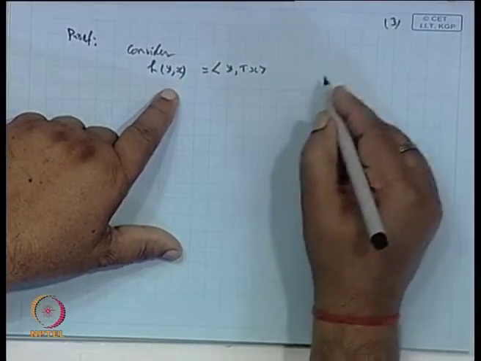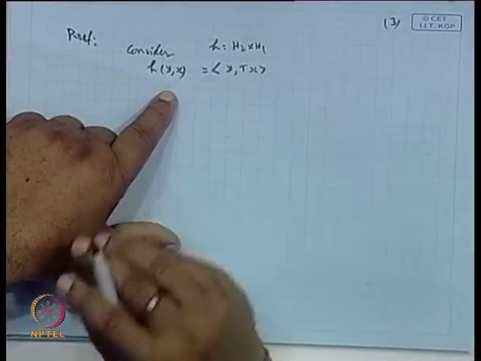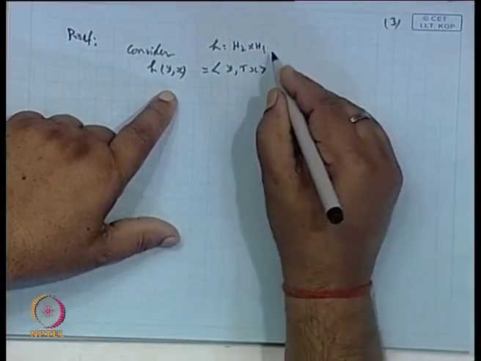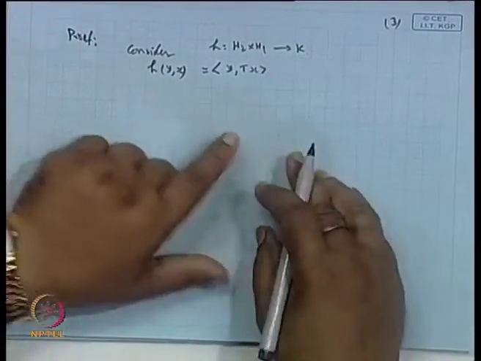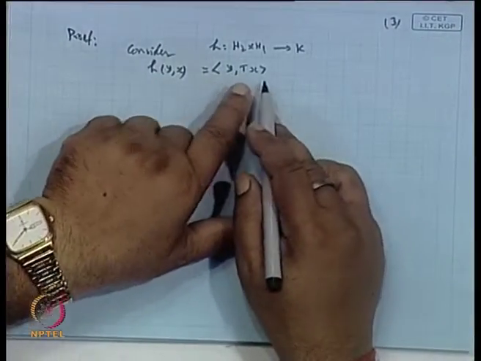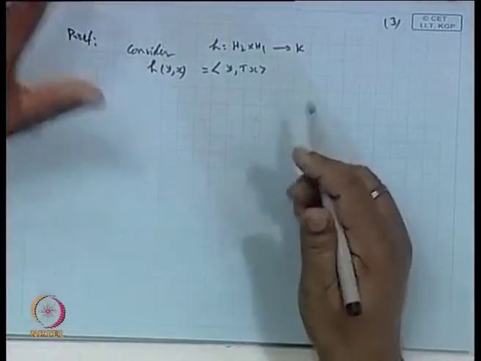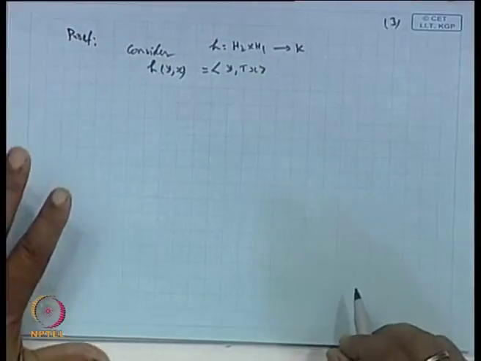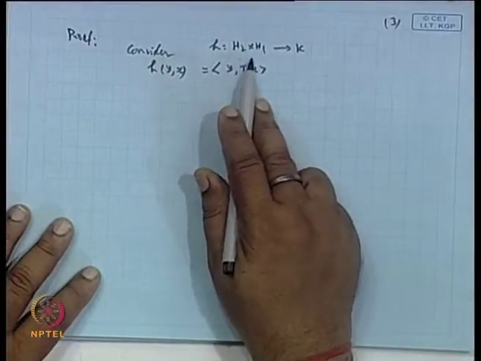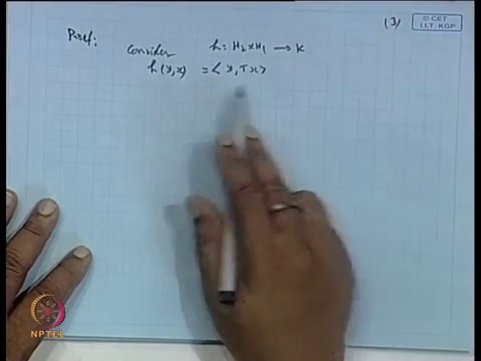So, h is a function defined on H2 cross H1 to k, because this is scalar. Now, this function is defined as (y, T x). Okay. Now, let us define this functional h from H2 cross H1 to k by this method.